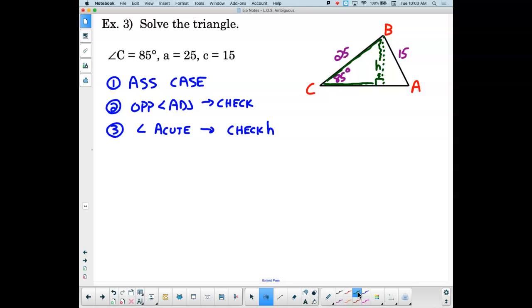Okay. So the sine of 85 degrees is h over 25. So h then would be 25 times the sine of 85 degrees.